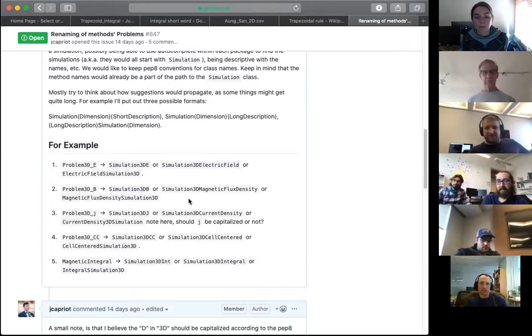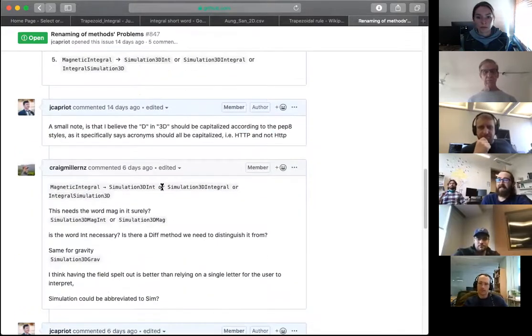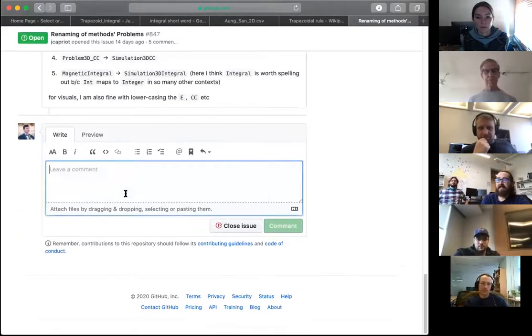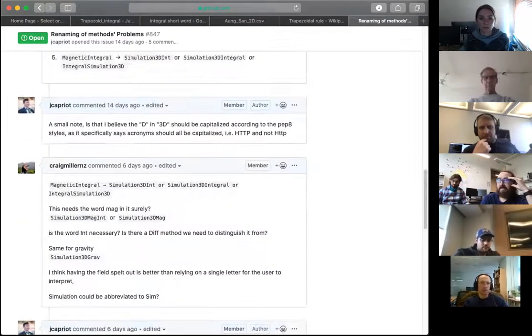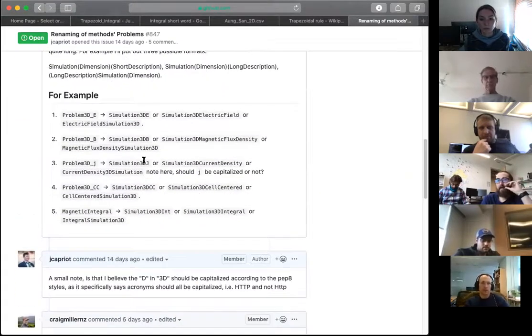And you can always do from something import simulation as sim. It doesn't quite matter what the name of it is. Exactly. I think it's less elitist if we tell people directly what we're talking about than having to assume that they know what J is.